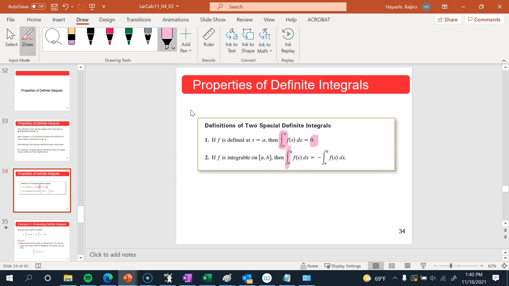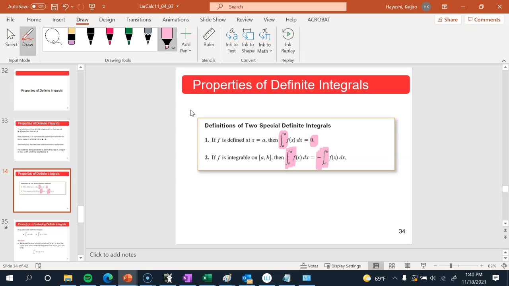Second, if you switch the order of your limits of integration, like let's say you go from 1 to 2 and you collect a certain amount of area, if you switch those limits and go from 2 to 1, essentially going backwards, you're going to get the negative of what you got going forwards.